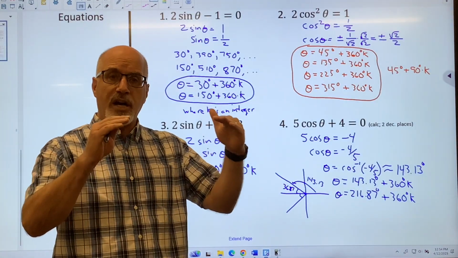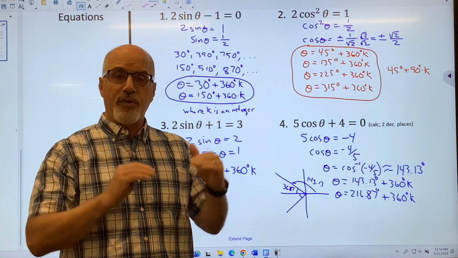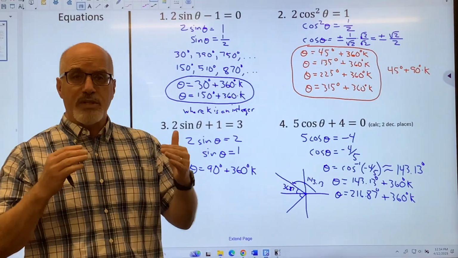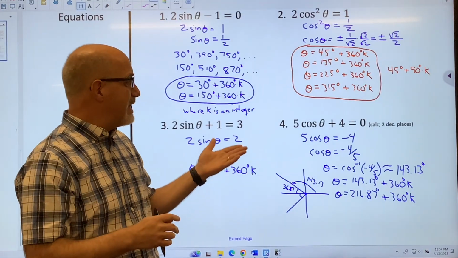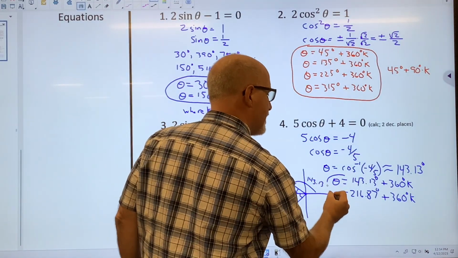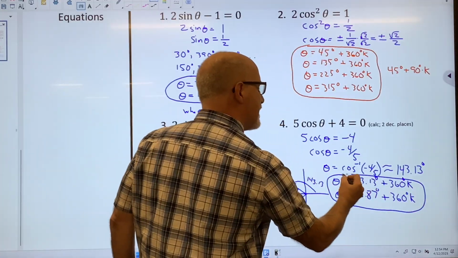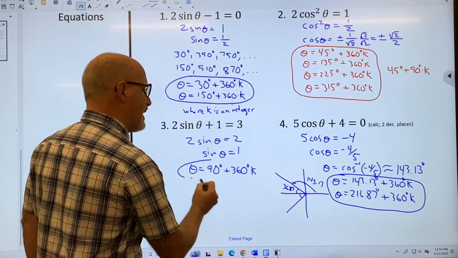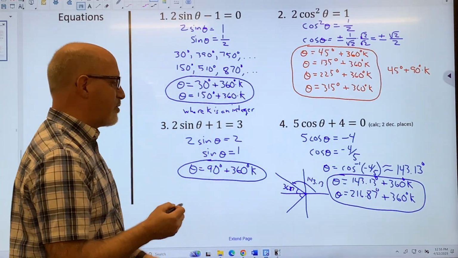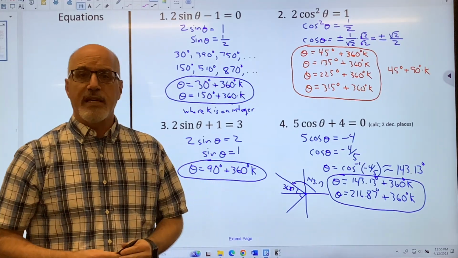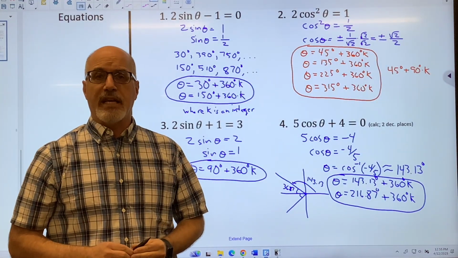If you add on or subtract a multiple of 360, you'll get those infinite number of answers. And this is how we list it. We list it with this plus 360k idea to get what our final answer is and the multiples of answers that are part of this solution.